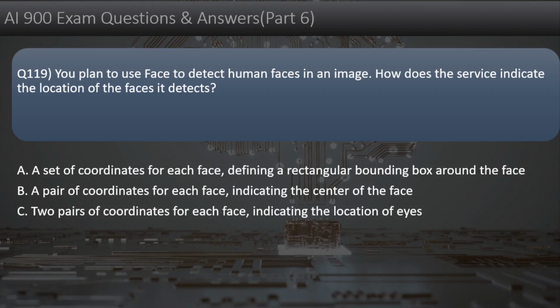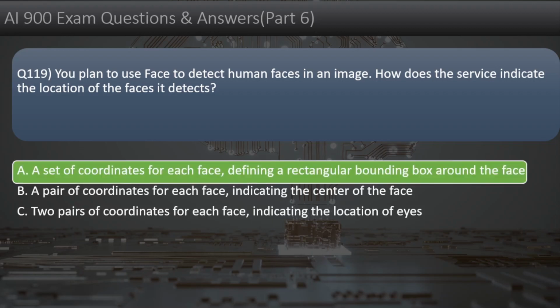Option B, a pair of coordinates for each face indicating the center of the face. Option C, two pairs of coordinates for each face indicating the location of eyes. The correct answer is option A, a set of coordinates for each face defining a rectangular bounding box around the face.